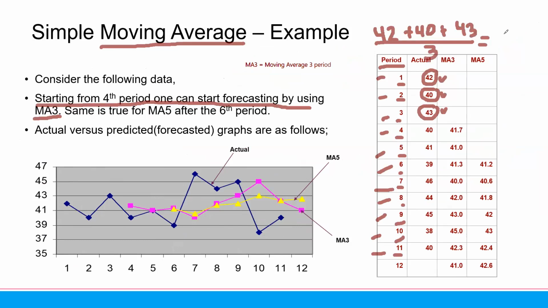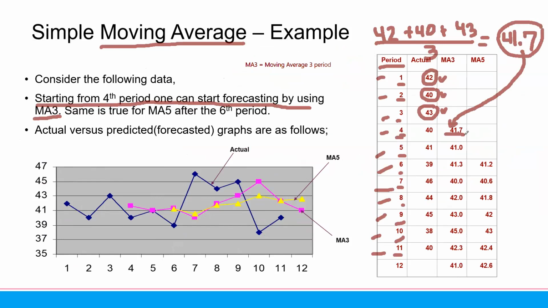So the result is 41.66667. So I will just round it up to 41.7. And I will use this one as the prediction for period 4.